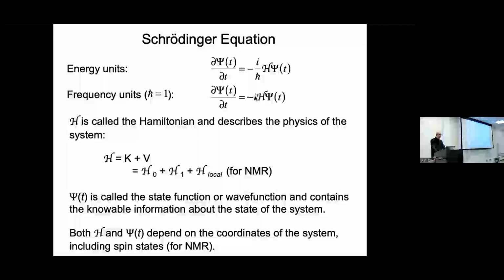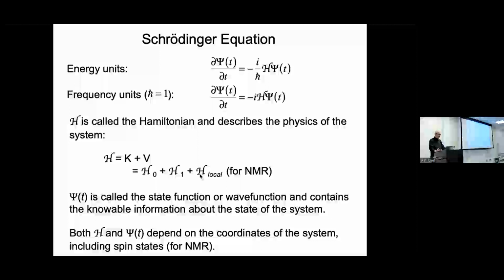So if h bar is equal to 1, here is the Schrodinger equation, and script H here is the Hamiltonian. The Hamiltonian from physics is the operator for kinetic energy and the operator for potential energy. For us, that's going to mean we have H naught, the Hamiltonian for the big magnetic field. H1 is the Hamiltonian for the RF field we turn on to make pulses, and H local is everything else.